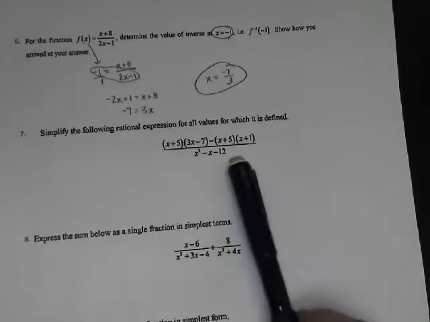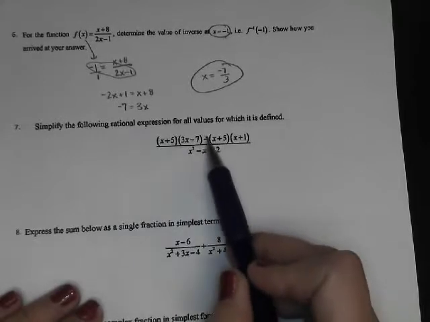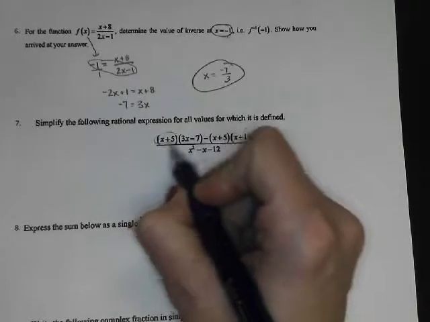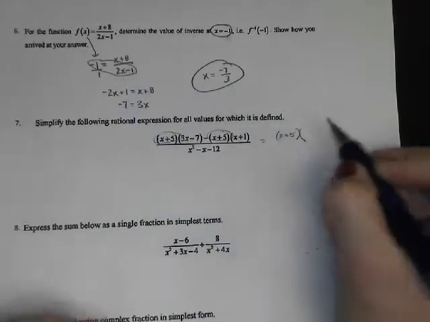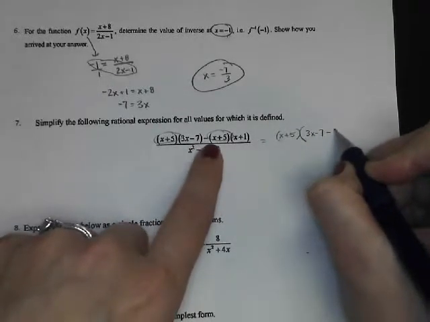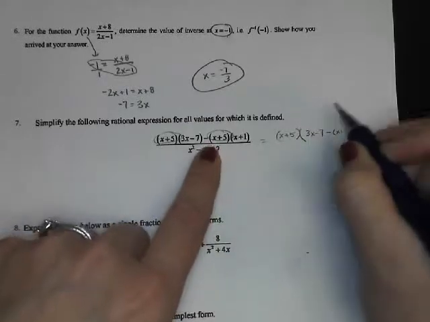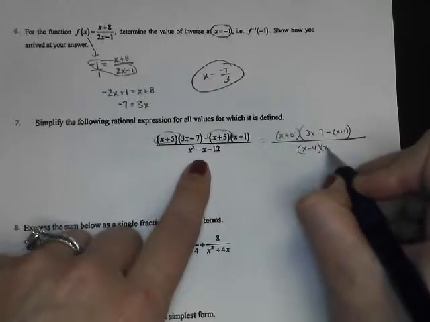Okay, this is just simplifying. So most people would probably multiply this out, and then remember to distribute your subtraction. What you also could do is you could notice the x plus 5 in common, and you could factor that out. And then your remaining factor would be 3x minus 7 minus an x plus 1. And then the denominator factors into x minus 4, x plus 3.